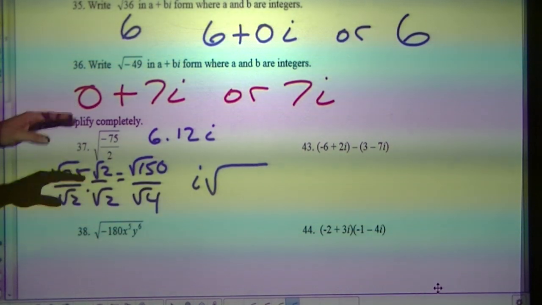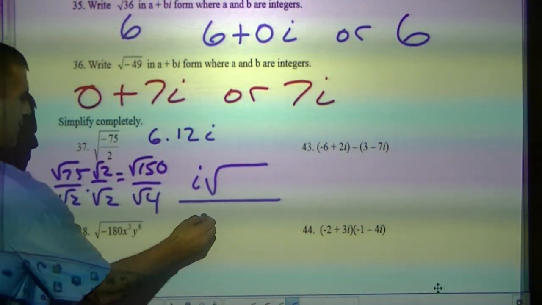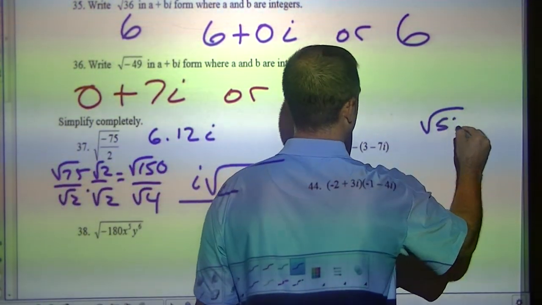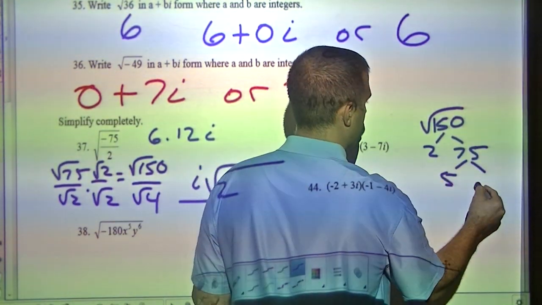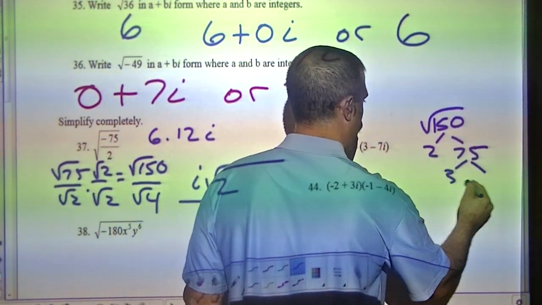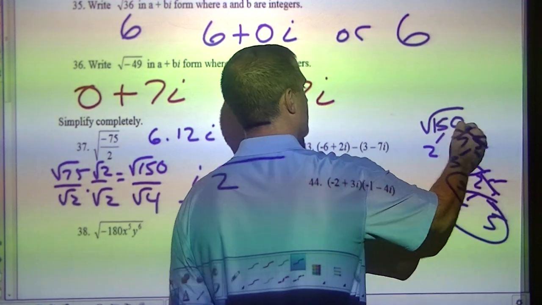Now I'm going to reduce that over here, but the concept is the square root of 4 would be 2. The square root of 150, I'm going to treat just like a regular square root. So 2 and 75, 3 and 25, 5 and 5. Here's my pair. Can't use those anymore.